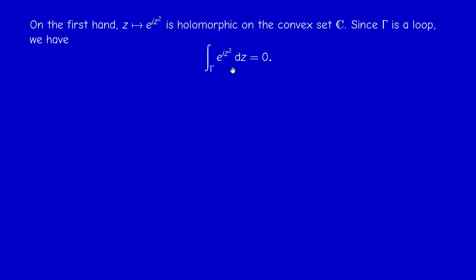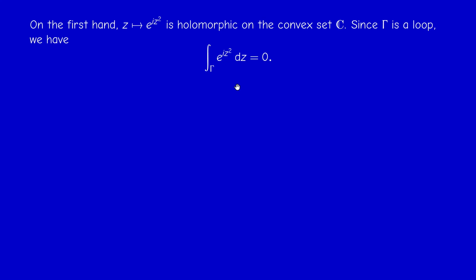These two are equivalent. If it has an antiderivative, then the integral is 0 by Barrow's rule, and we proved the converse, that if the integral over any loop is 0, then it has an antiderivative. So this is, I think, theorem 2.1.